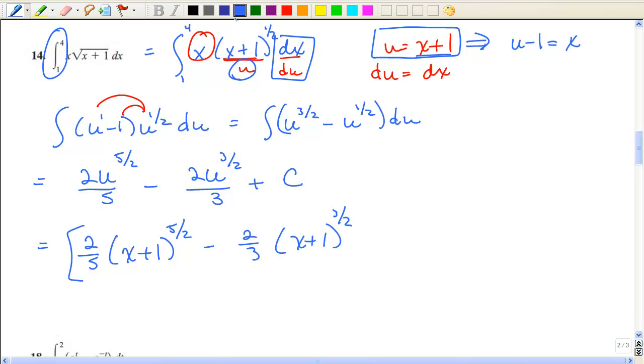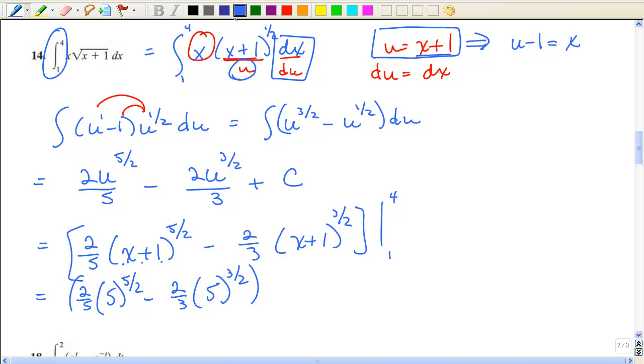And I need to integrate all of that between 1 and 4. So if I put in 4 plus 1, that's 5 to the 5/2. Put in 4 here, that's 5 to the 3/2. And then I'm going to subtract by putting in 1. So 1 plus 1, that's 2.